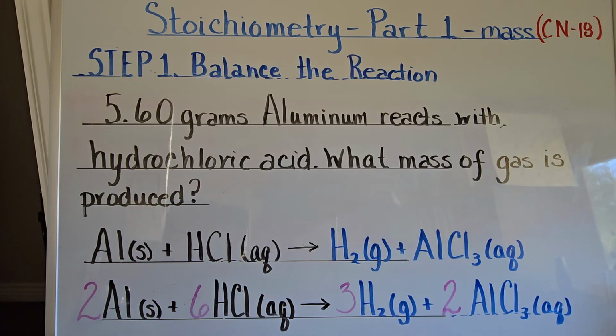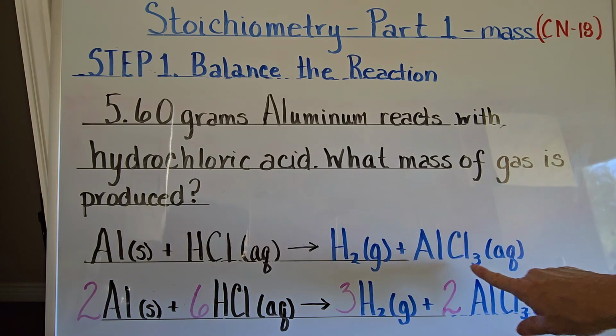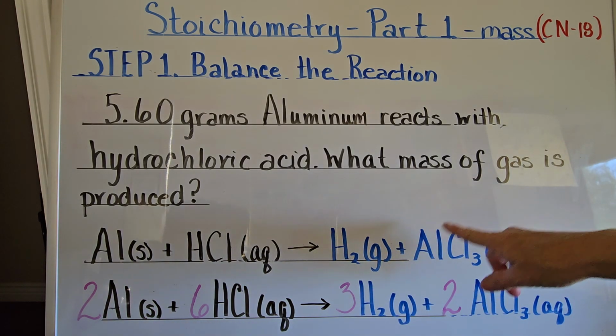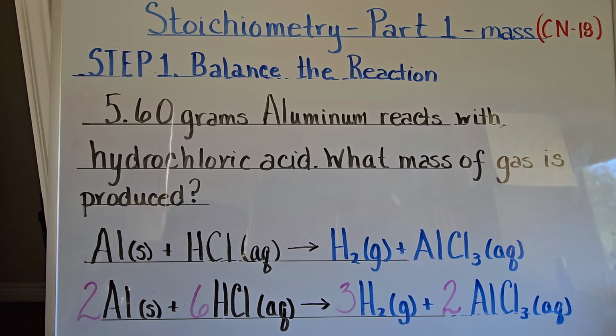I also have to look at my types of reactions. I have to recognize that this is a single replacement reaction. I have to remember that this is a special case 1, which is a metal reacting with an acid. I have to know what those products are. I have to know how to get a neutrally charged ionic compound in my product.